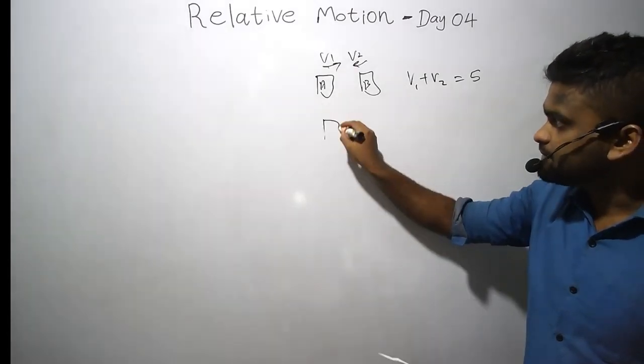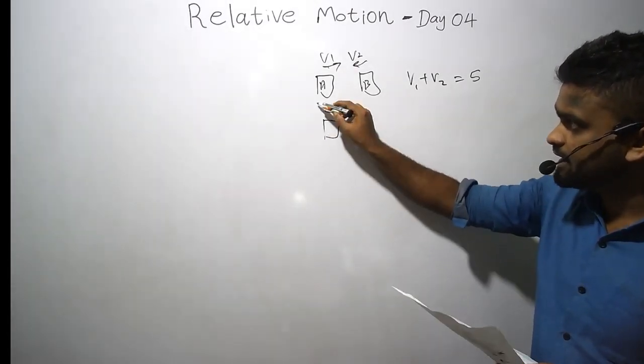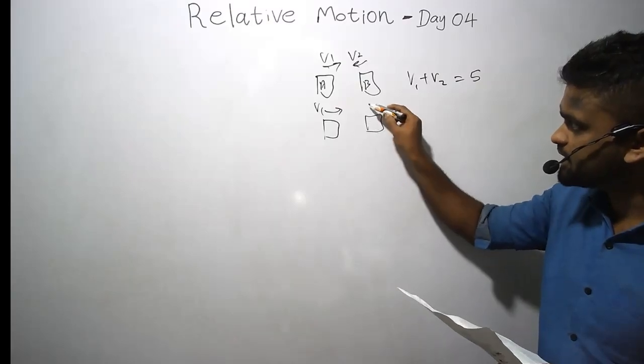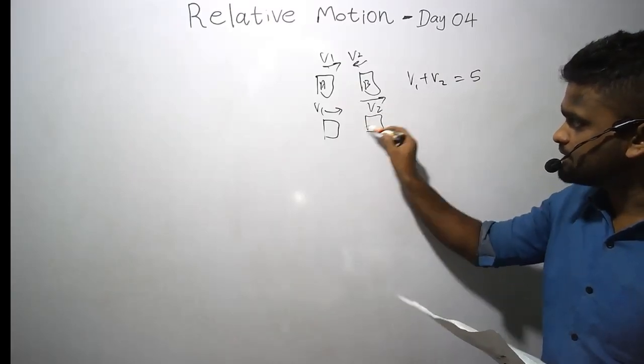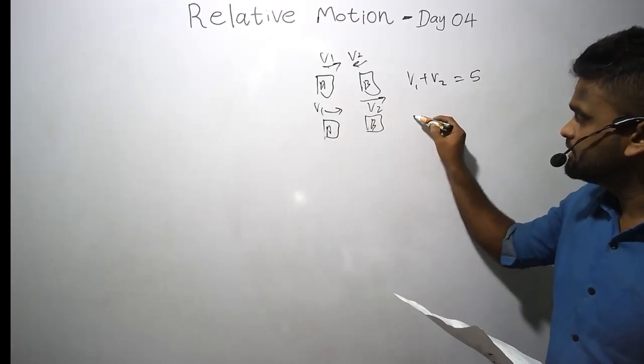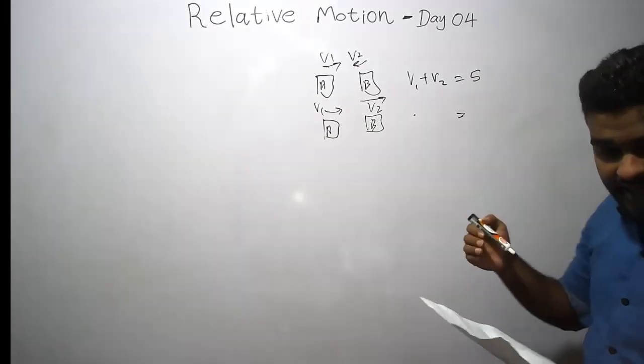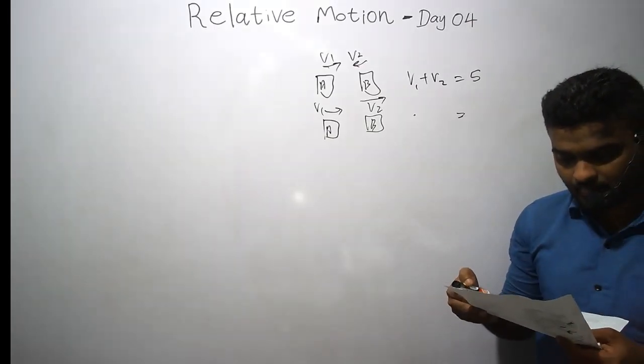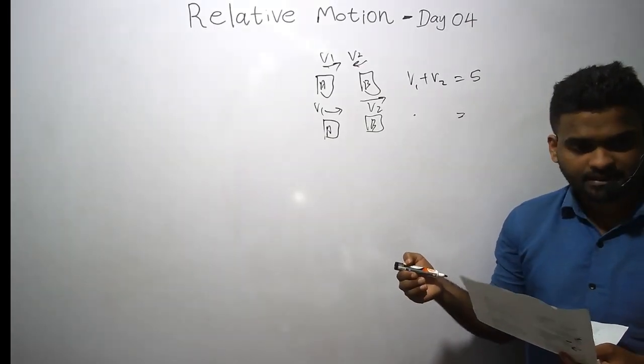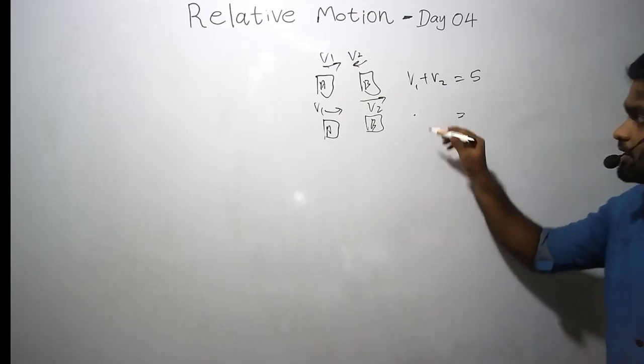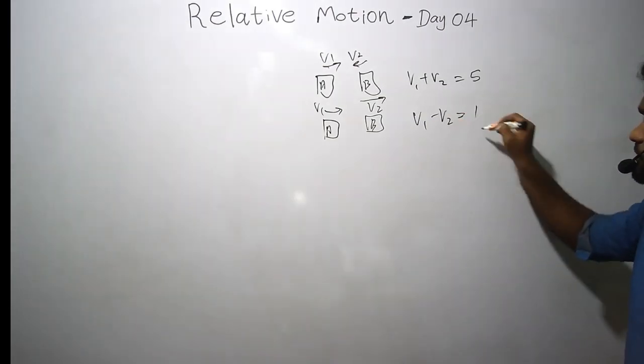And at the other part, they say when they are moving to the same side, their gap is getting close 1 meter per second. Meaning V1 minus V2 is 1.